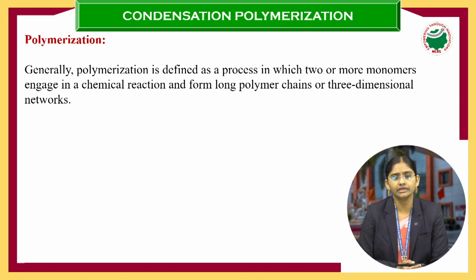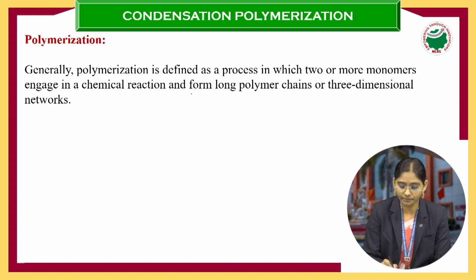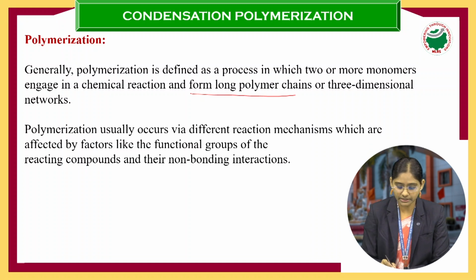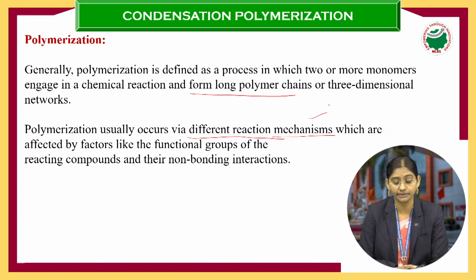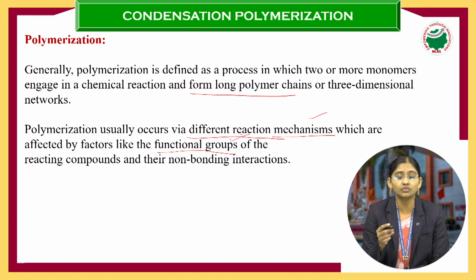We have already discussed that in polymerization, two or more monomers combine and form a long chain of polymers of high molecular weight, or a three-dimensional structure. That is called polymerization. This polymerization occurs via different reaction mechanisms, which are affected by factors like functional groups, that means the different types of functional groups attached to the carbon chain of the polymer.